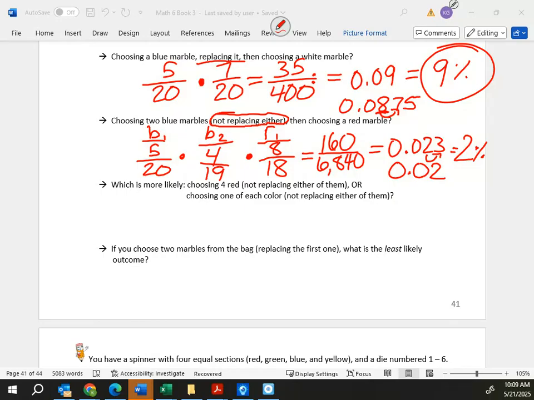So let's look at that. Choosing 4 red and not replacing any of them. So you choose a red, you don't replace it, what's your next probability? Choose a red, you don't replace it, what's the next probability? So you have 4 marbles that you are choosing. You want 4 red. So red 1, red 2, red 3, and red 4.